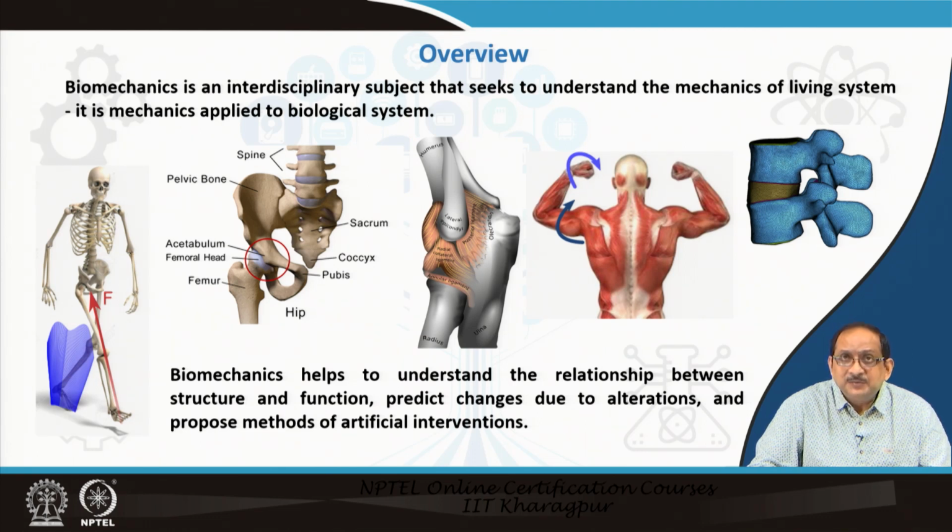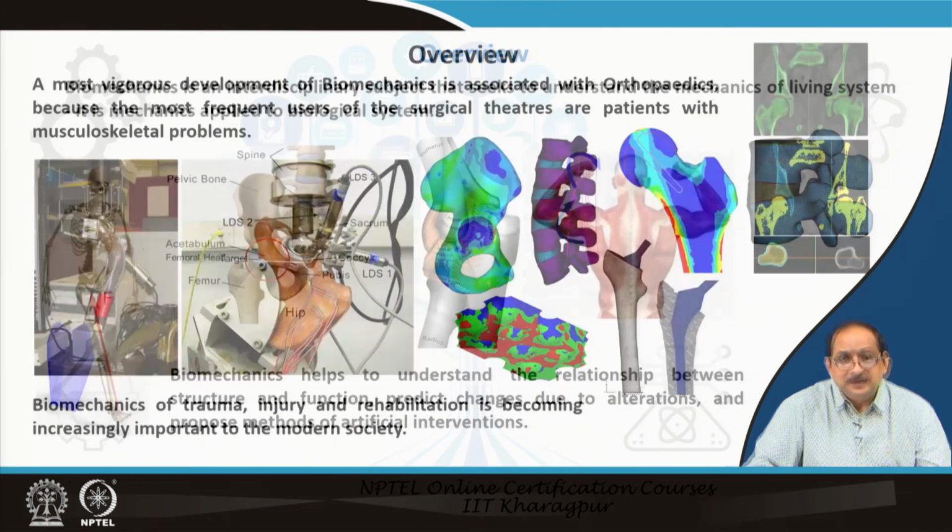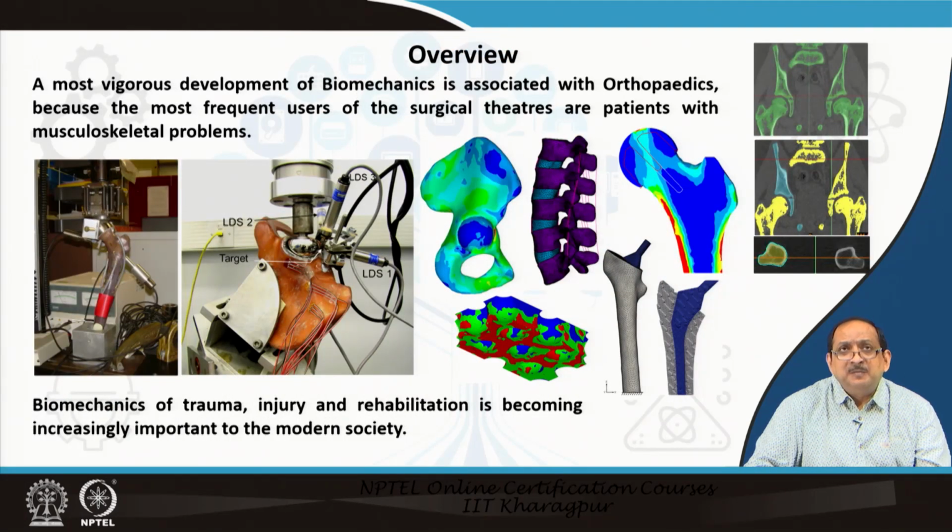Biomechanics helps to understand the relationship between structure and function, predict changes due to alteration, and propose methods of artificial intervention. A most vigorous development of biomechanics is associated with orthopedics, because the most frequent users of the surgical theatres are patients with musculoskeletal problems.